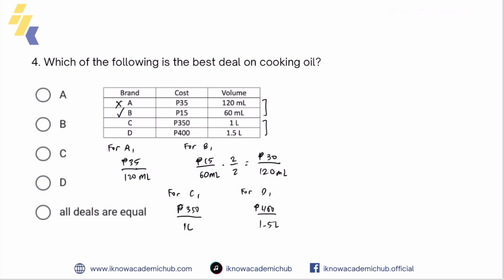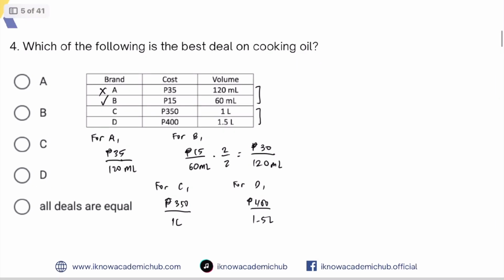Now, we have to add here 175 to have 1.5 liters for C. So, plus 175, that's half of 350. We have 525 per 1.5 liters.